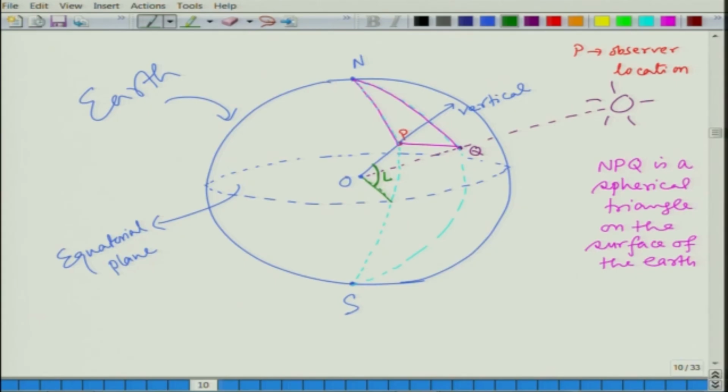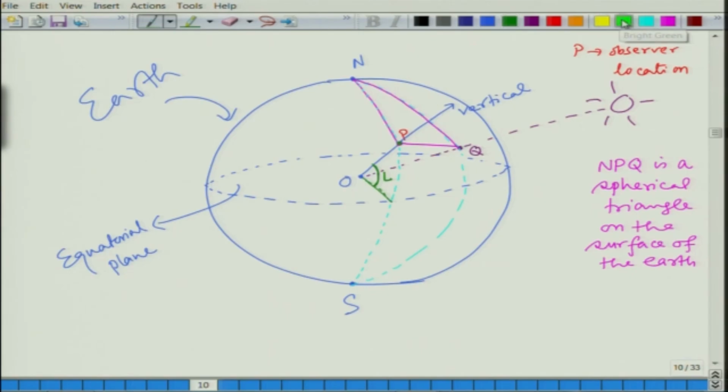The other thing is that similarly, for the location of the observer, we have said that is the latitude, but if we think of the latitude of Q, what is that?